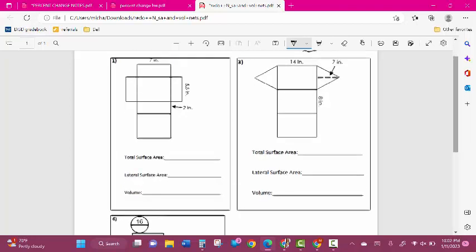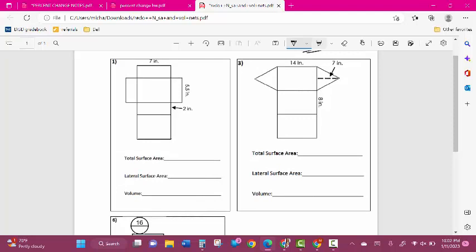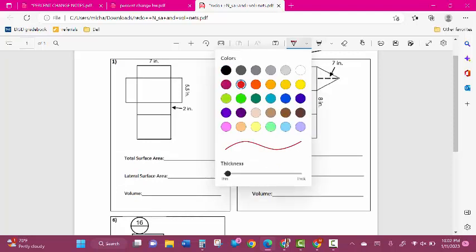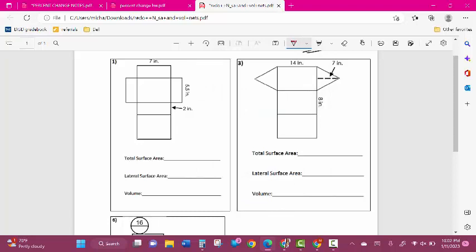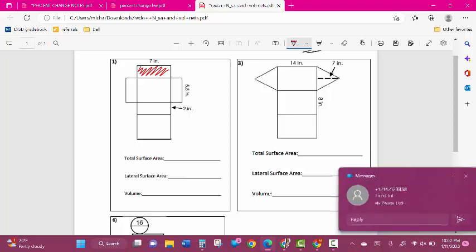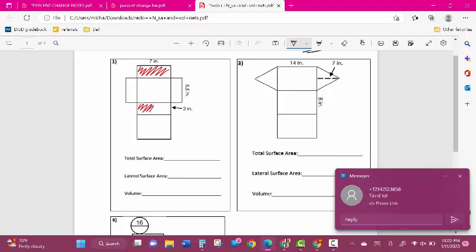Looking at the very first problem, we talked about this a long time ago. When we fold this up, the two shapes that are parallel to each other and identical are called bases. So this shape is a base with this shape.